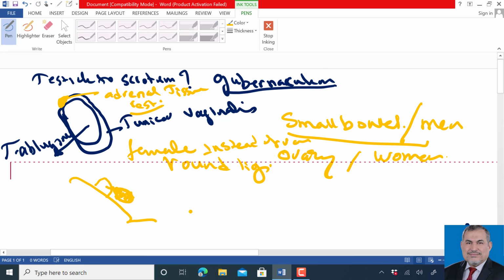What's cord lipoma? Lipoma of the cord is peritoneal fat pushed by the hernia. A lot of fat pushed by hernia, outside the hernial sac. This is called cord lipoma.